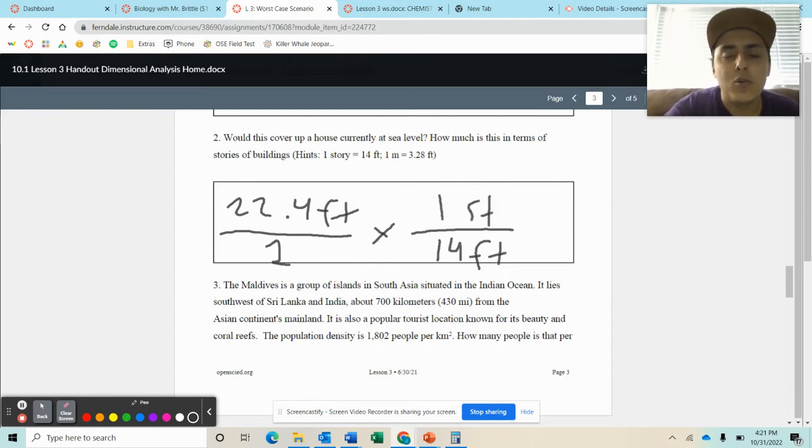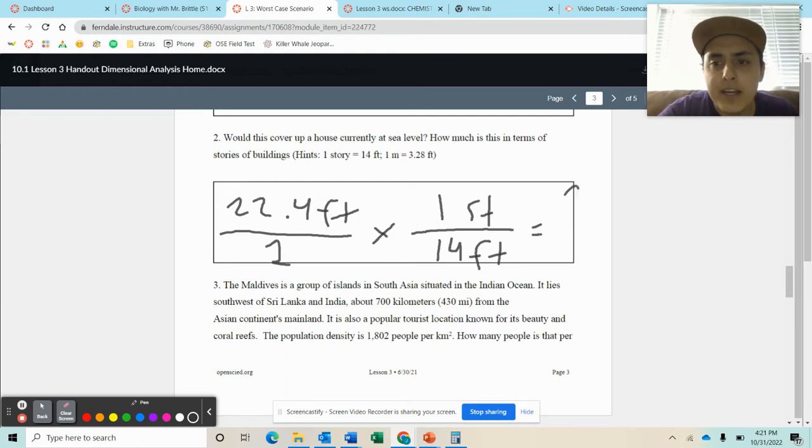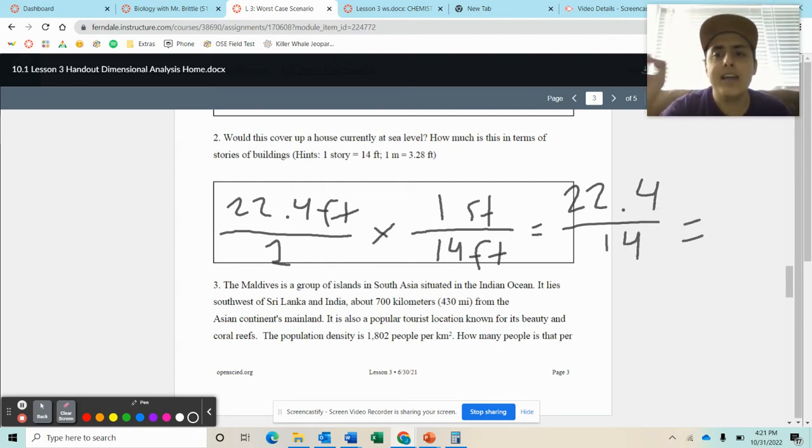Multiply everything on the top, multiply everything on the bottom, and you ultimately get 22.4 divided by 14. And that is going to give you 1.6.